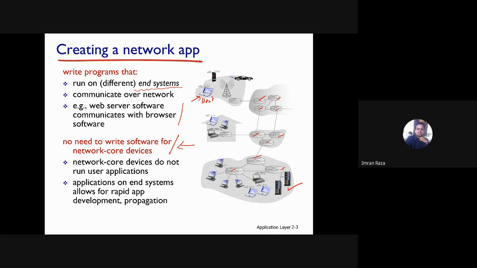So the principle is that network applications always run at the ends, okay? And we do not involve the core network devices, core routers, and other devices to run the network application software, right?